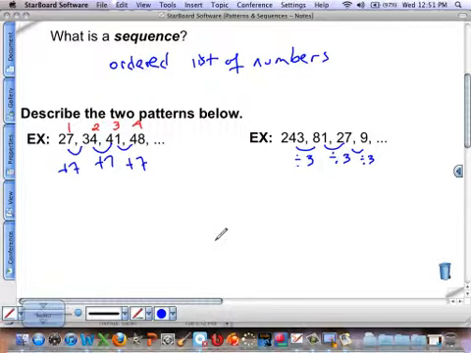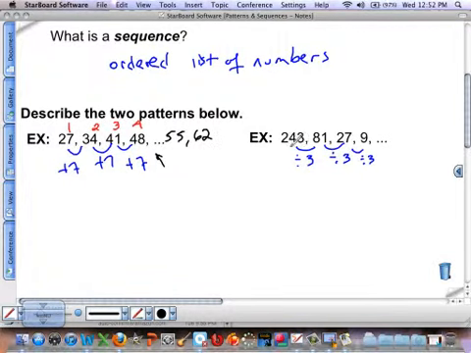So, put you guys on the spot here. Jay, I want to go back to my first sequence there, the 27, 34, 41, 48. What are the next 2 numbers in that sequence? 55 and 62. Very good.